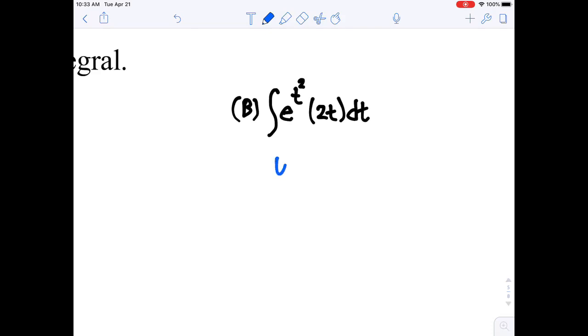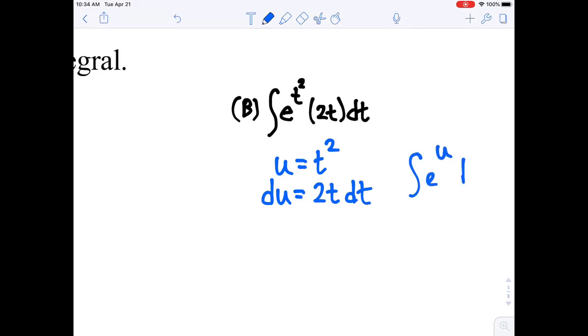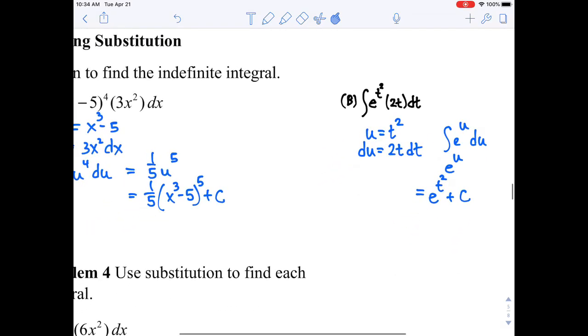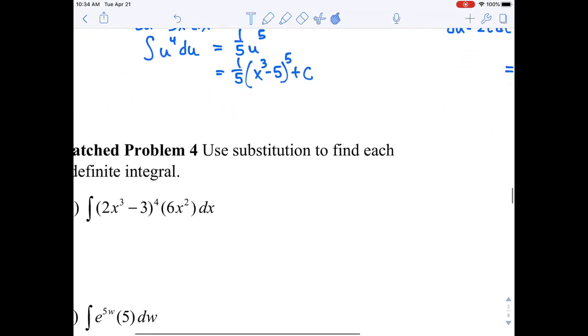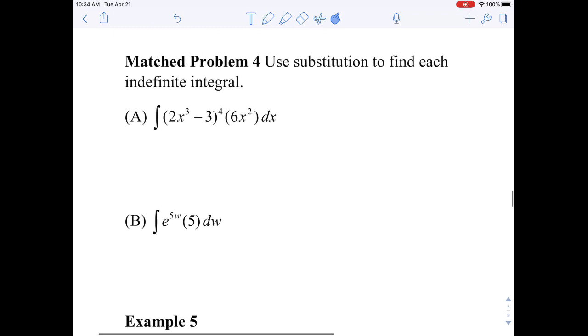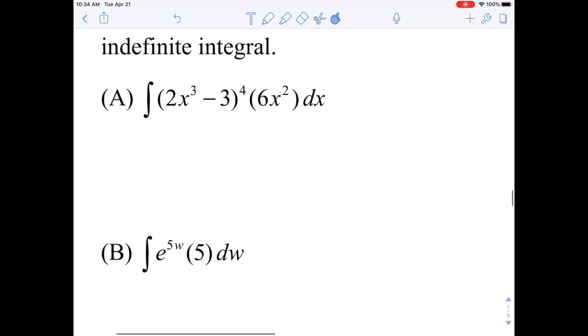This time I'm going to let u equal the exponent. So this is the integral of e to the u du, which is just e to the u. So this equals e to the t squared plus c.